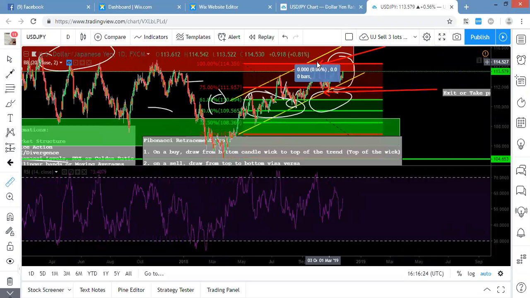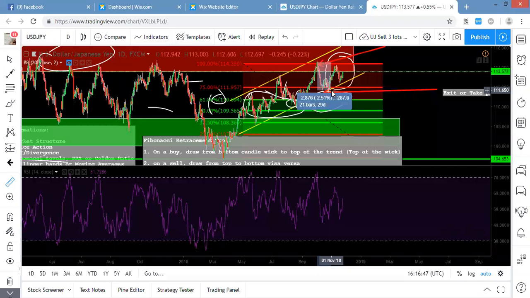Now, look, if you caught that whole move, you would have made about 300 pips, right? So we need to do 3 to 1, okay? 3 to 1. So technically speaking, you could have a 100 pip stop loss.